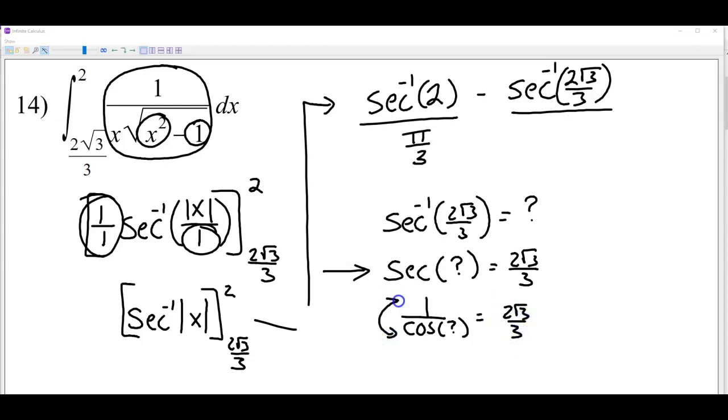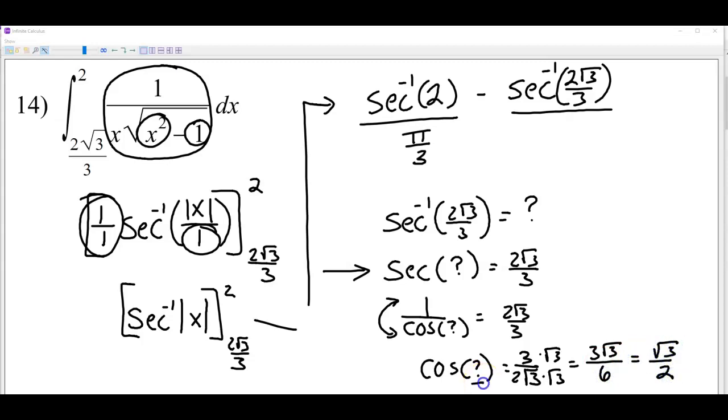Then we take the reciprocal of both sides. Now we don't like leaving radicals on the bottom, so I'm going to multiply the top and the bottom of this thing by radical 3, which gives me the following. And that reduces to this.